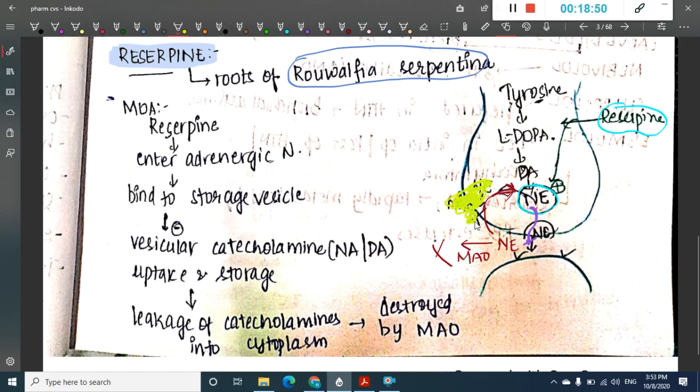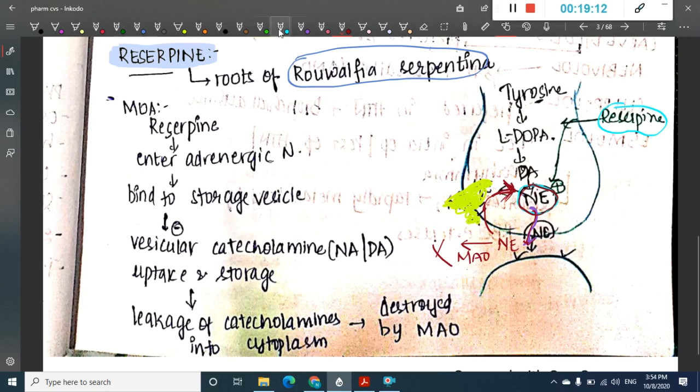I am writing here, this was wrongly labeled. Once norepinephrine is released outside, in the synapse it is either degraded or taken back by reuptake, so that this cycle is maintained.